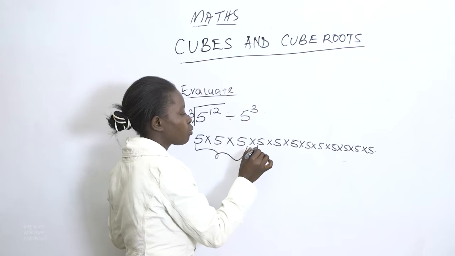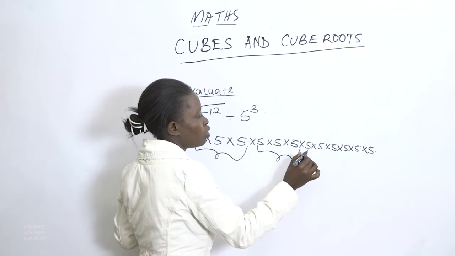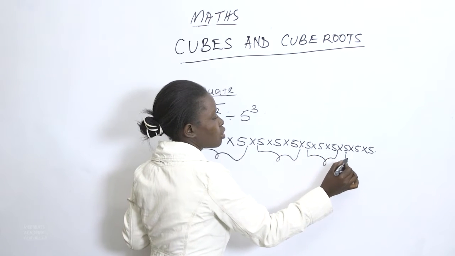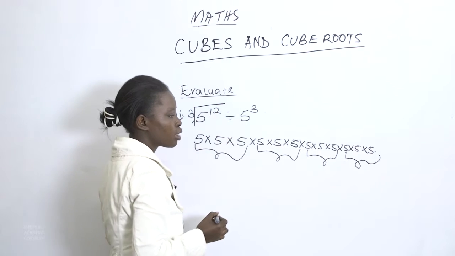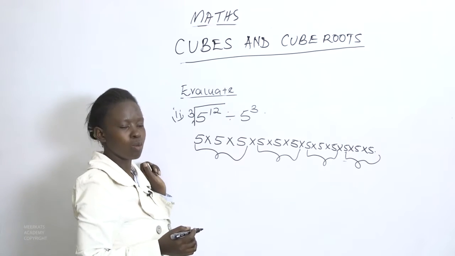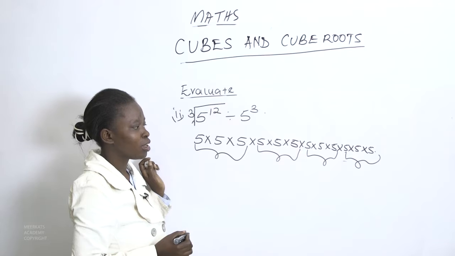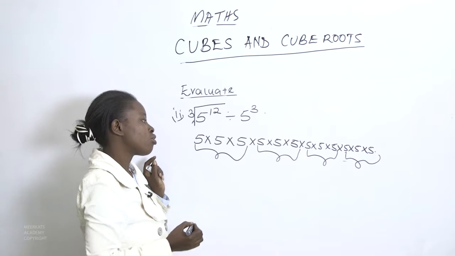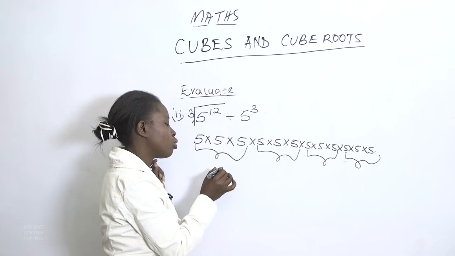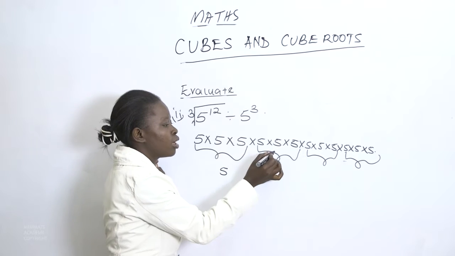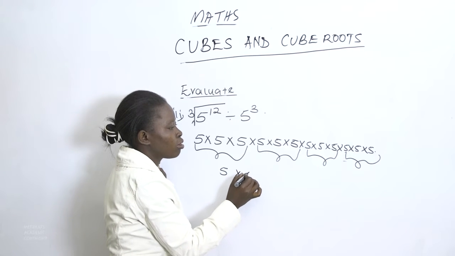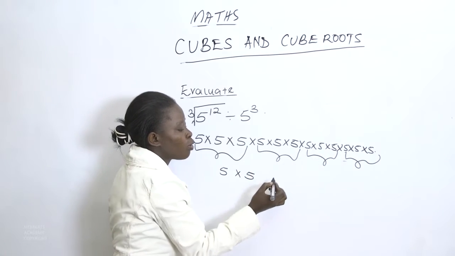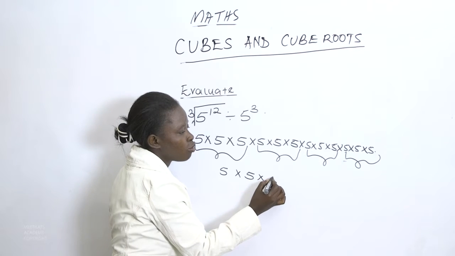Then we group them into groups of 3. Grouping them into groups of 3 gives me 4 groups of 5 repeated 3 times. So in this case, my cube root is 5. Here, my cube root is 5. This point, my cube root is 5.